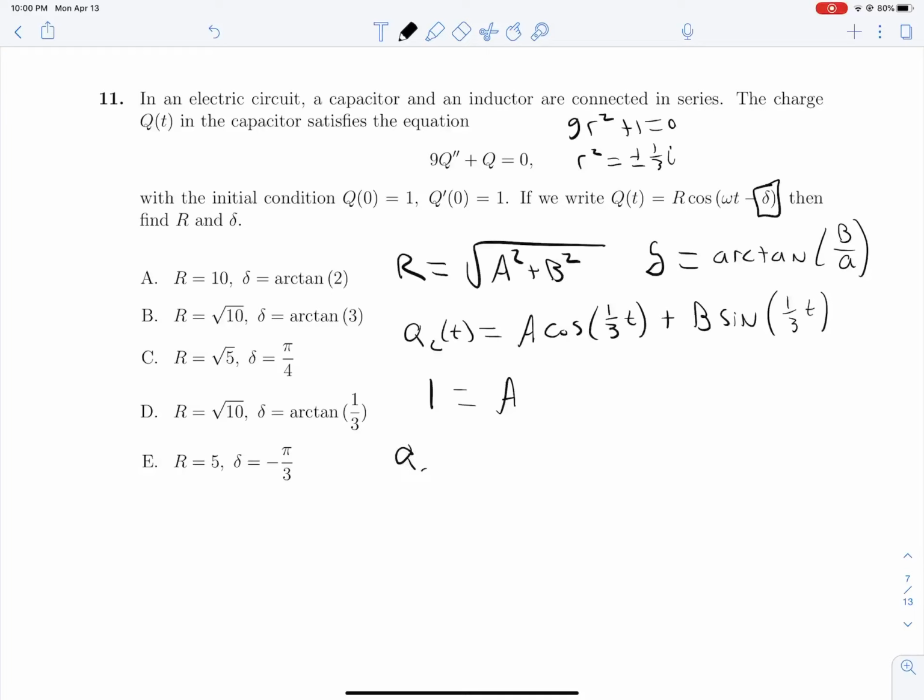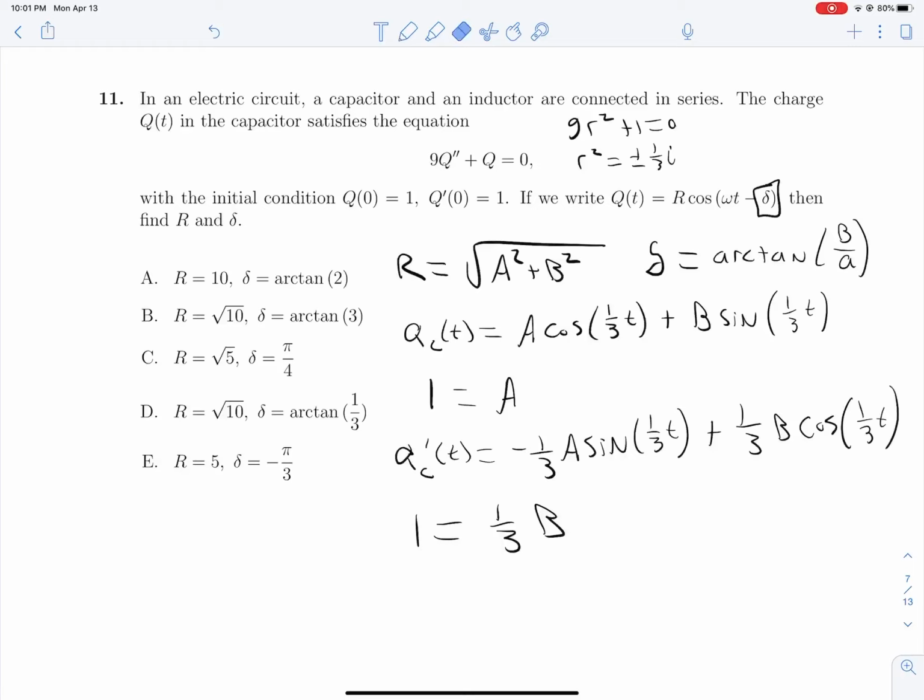Then if we find Qc prime of t, that will give us negative 1/3 A sine 1/3 t plus 1/3 B, not sine, cosine 1/3 t. Again, evaluating everything at 0, setting everything equal to 1, we see that 1 is equal to 1/3 B, or B is equal to 3.